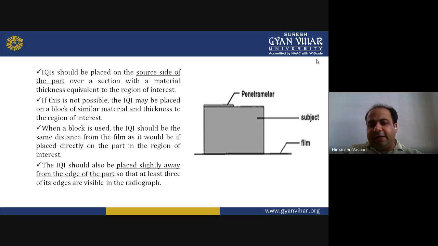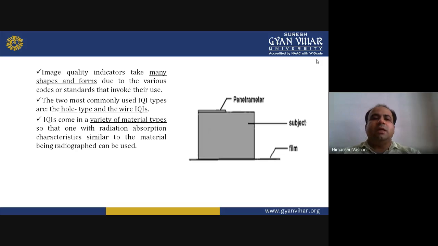The image quality indicator should also be placed slightly away from the edge of the part so that at least three of its edges are visible in the radiograph. Okay, so at least three of its edges are visible in the radiograph. The image quality indicators take many shapes and forms due to various codes and standards that invoke their use.